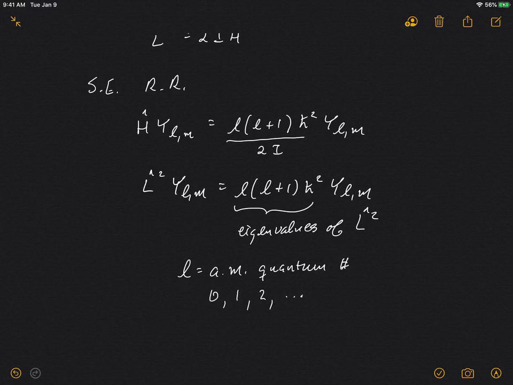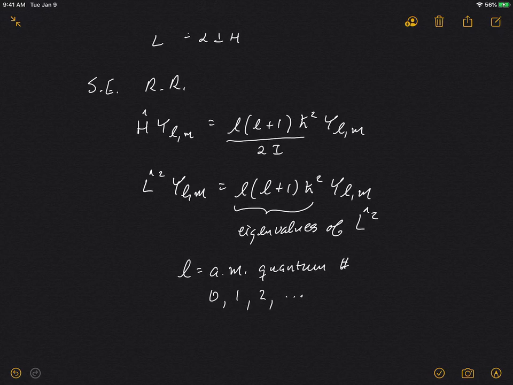So now we have an expression for the eigenvalue of the L squared operator, and we were able to do this implicitly using what we had previously been told about the Hamiltonian operator, noting that the Hamiltonian operator is just the L squared operator divided by 2I. So nothing too terribly fancy here.